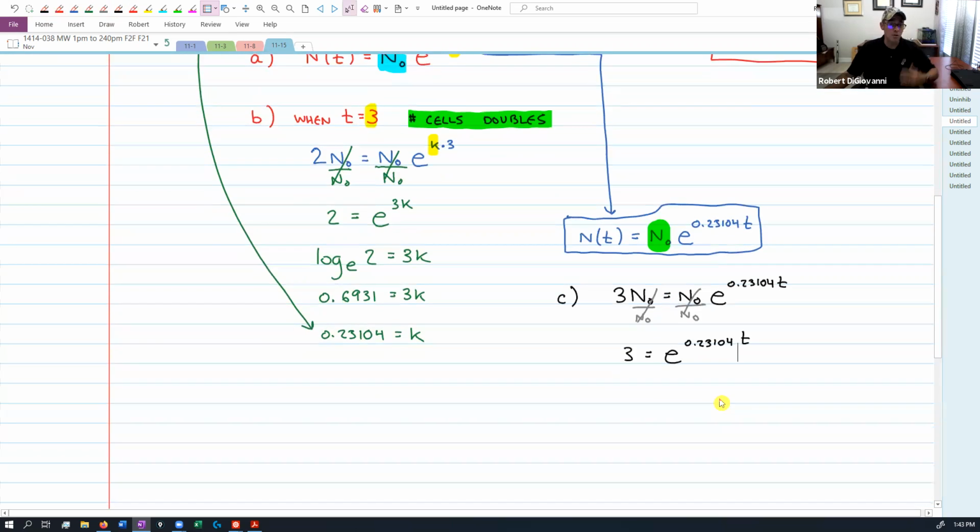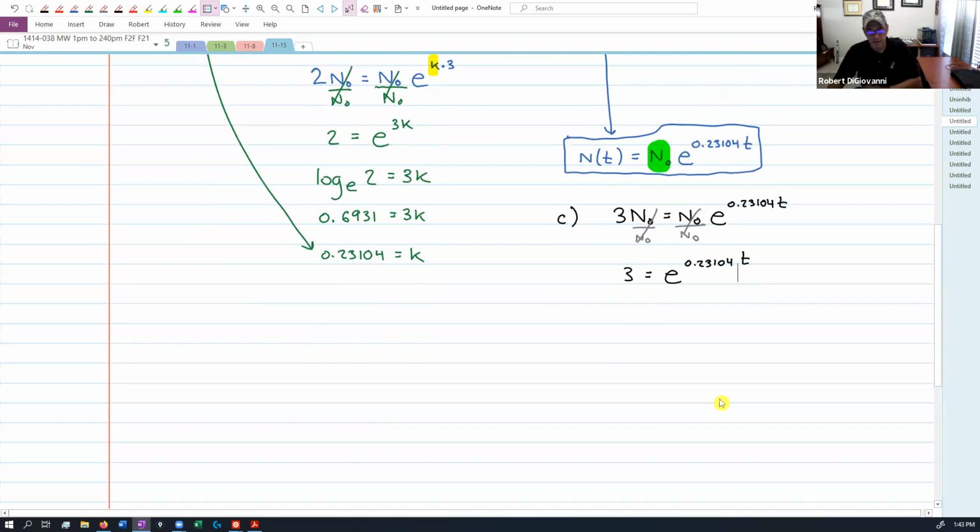And then we can do our loop and go about solving again. So log base e of 3 equals 0.23104 t. Now I'm going to do the natural log of 3 on the left side. This is going to be 1.0986 equals 0.23104 t.